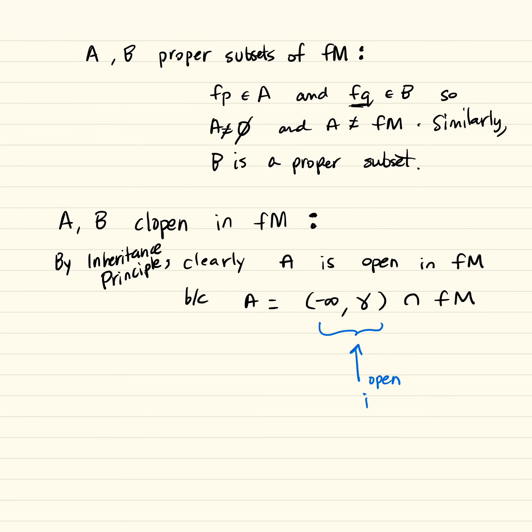why is it open in R? That's something that you should be able to prove very easily. So I'll put that in there. Why is it open in R, right? But it is an open set in R. An open set intersected with F of M is going to be open in F of M. All right.